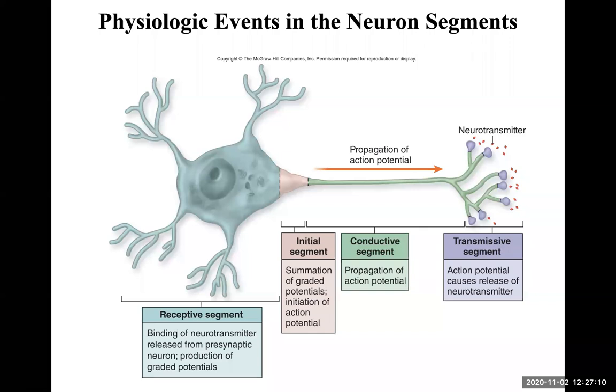And they will move in that direction because of the concentration gradient for calcium that is established by the calcium pumps, which are continually pumping calcium out of the neuron. So there's a much greater concentration of calcium outside of the cell than there is inside of the cell.